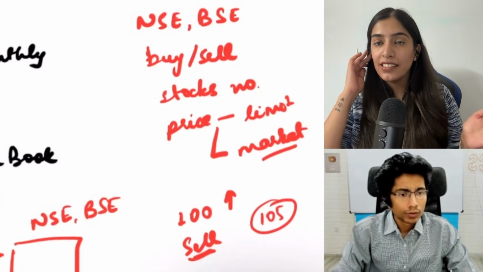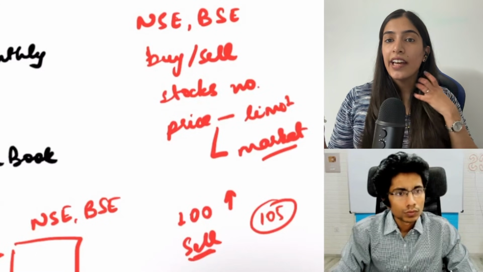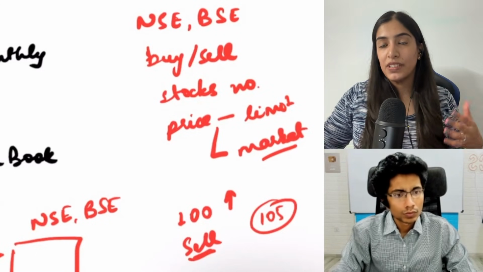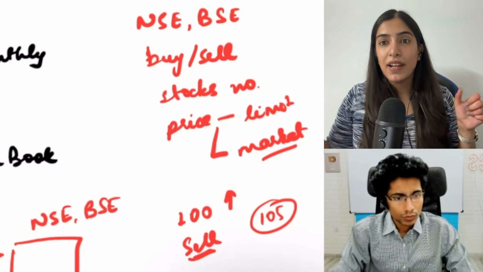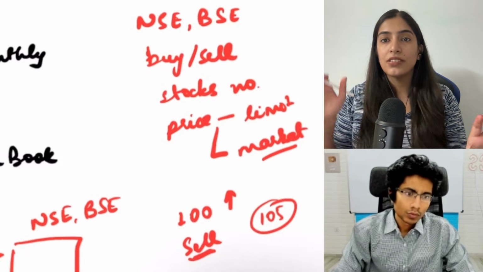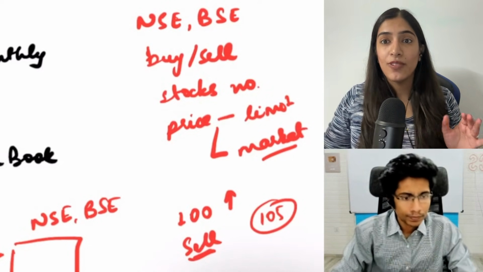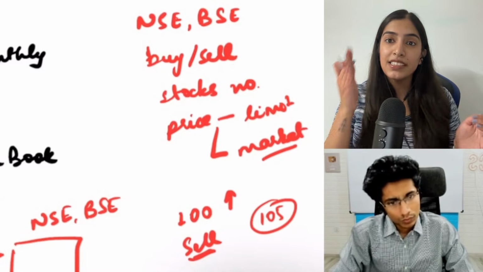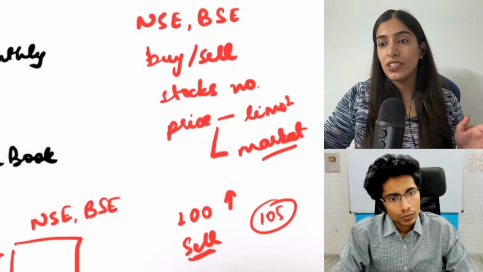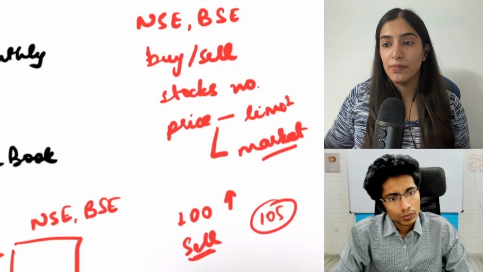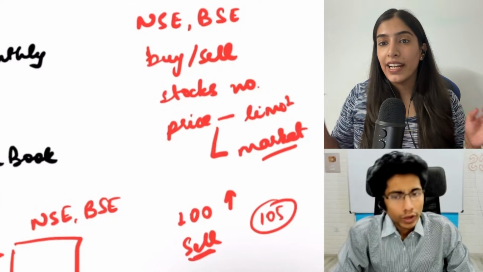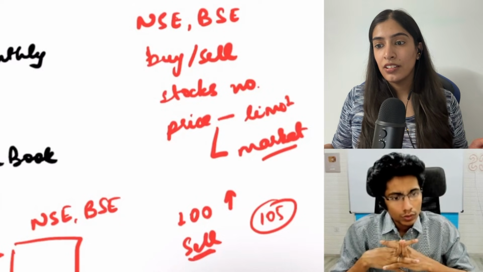Okay, so you're setting the limit price at 105, and you're telling Zerodha, or basically the exchange, that whenever the price reaches 105, just sell it. It can also be possible that it actually gets sold at 106. That doesn't matter, but this is the minimum threshold that it should reach, after which your order should get placed. So at least I want some profit, correct?